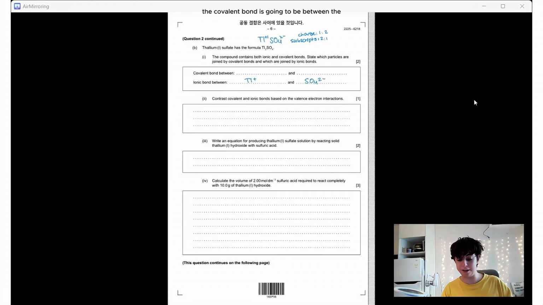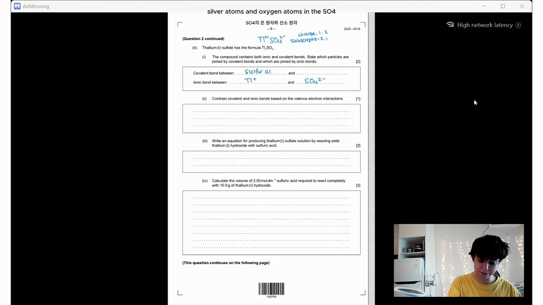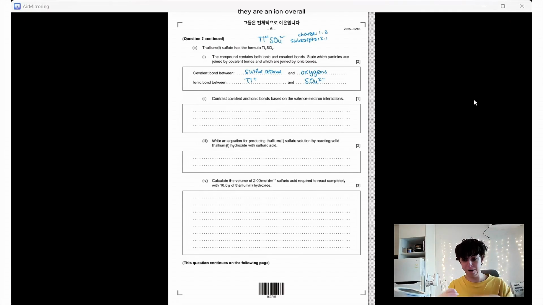Meanwhile, the covalent bond is going to be between the sulfur atoms and oxygen atoms in the SO4 2 minus, because the polyatomic ions, they are an ion overall, but within the ion, there are those covalent bonds. Okay. So oxygen, I'm going to put atoms.